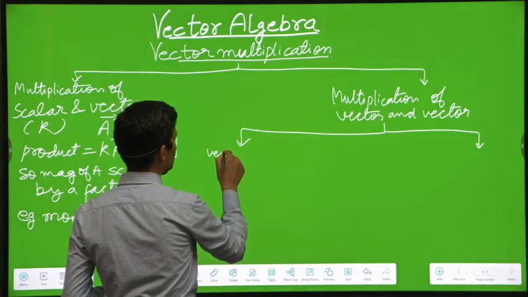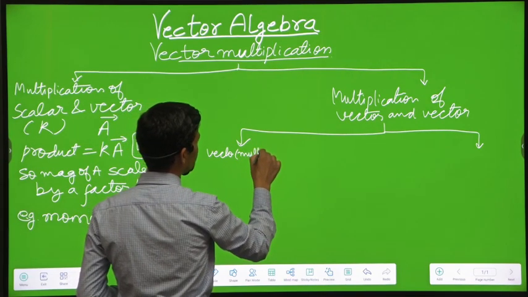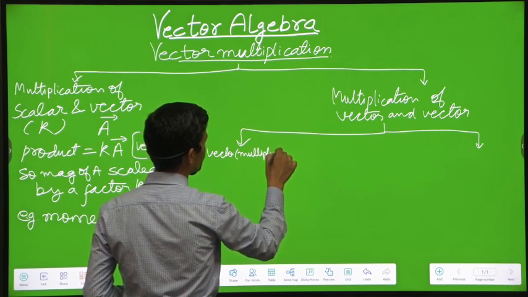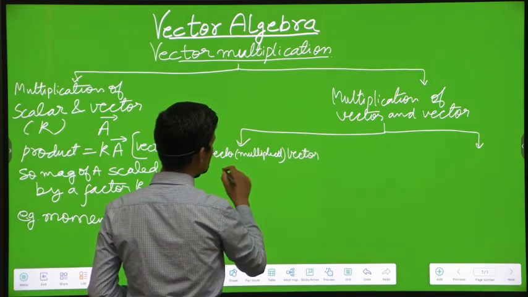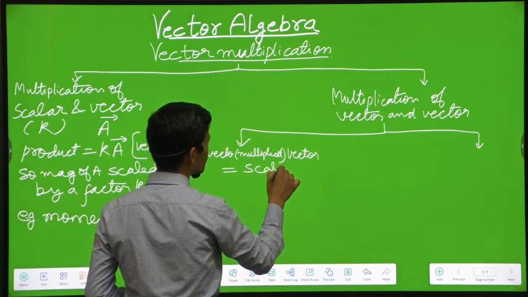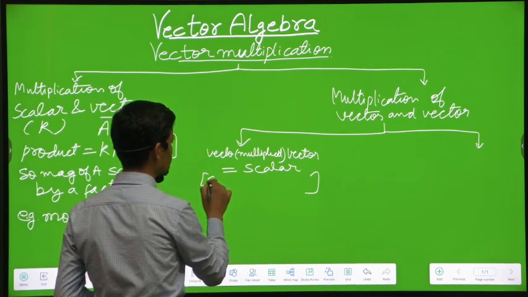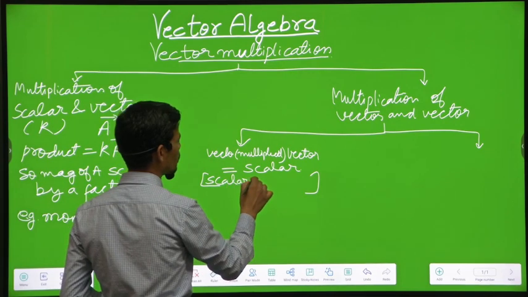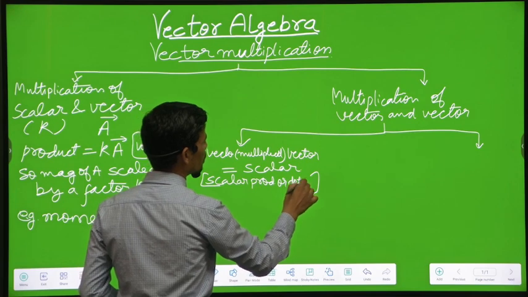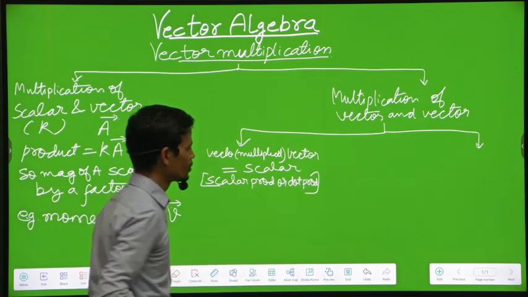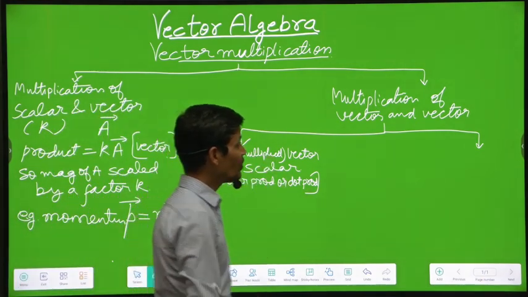So vector multiplied by vector, if it is giving a scalar, then the product is called scalar product, or dot product. See, be very careful.